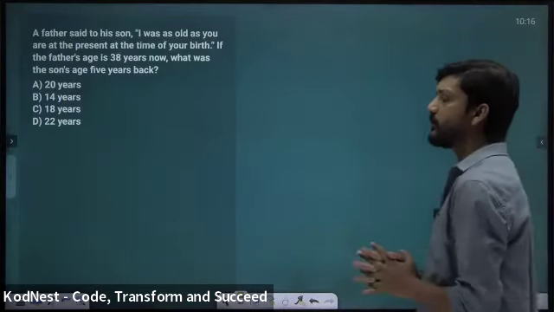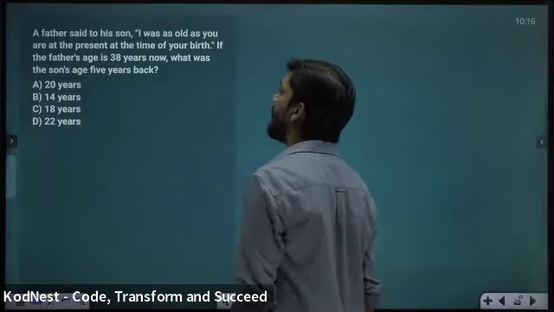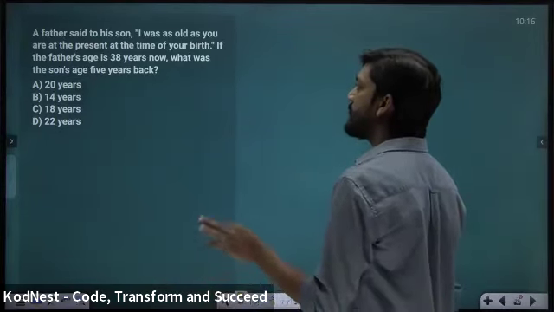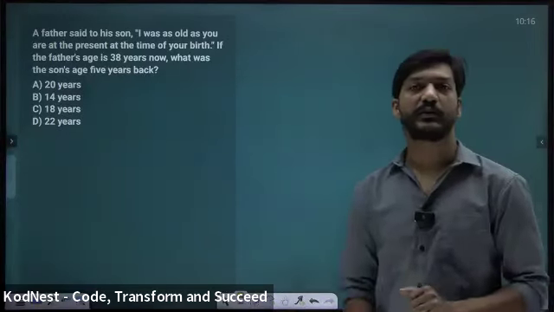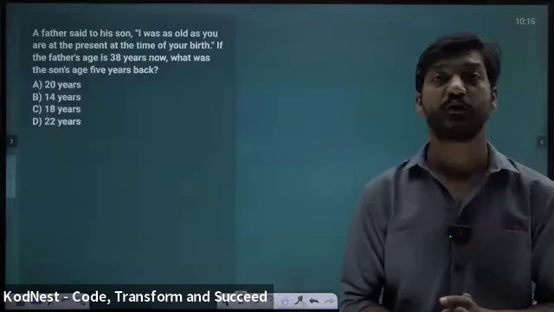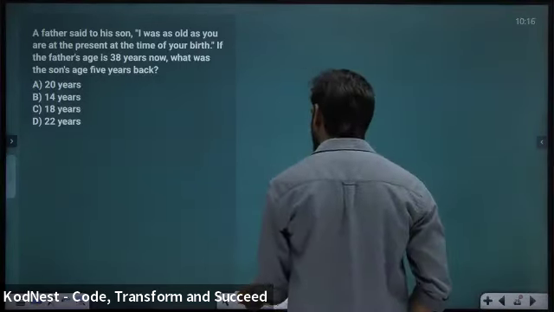A father said to his son, "I was as old as you are at present, at the time of your birth." Carefully understand what the father is saying.